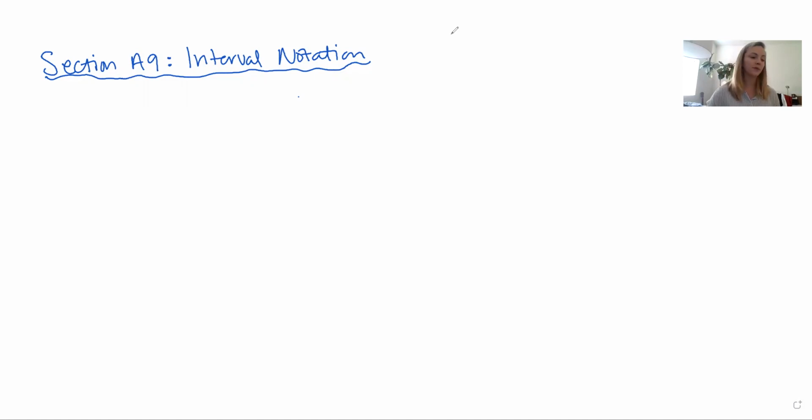So let's first start talking about what interval notation is and why we use it. Most of the time when you're solving equations, you get one solution, so x equals some number. But when you're solving inequalities, you get an entire range of solutions.